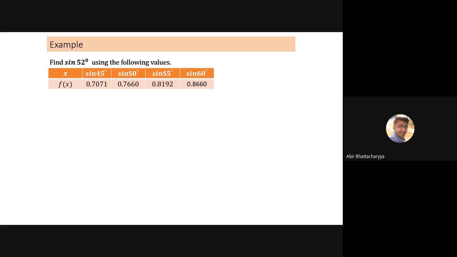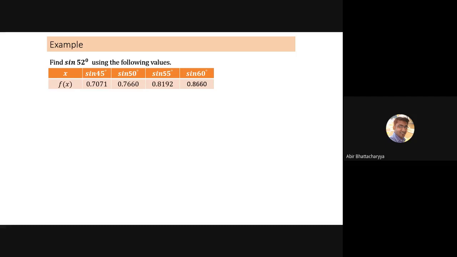I discussed with you last day what is equally spaced data and what is unequally spaced data. Today we are going to start some specific examples of Newton's forward interpolation. So let's go for this question.